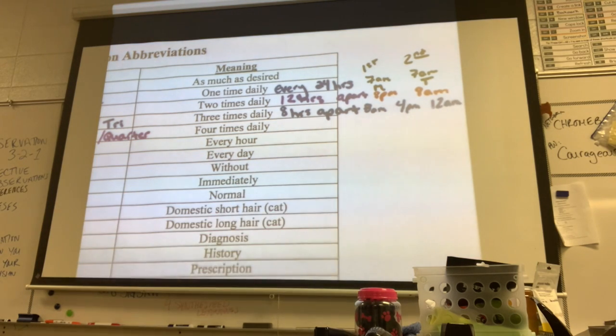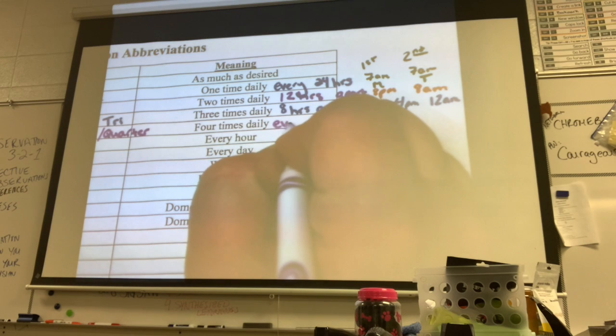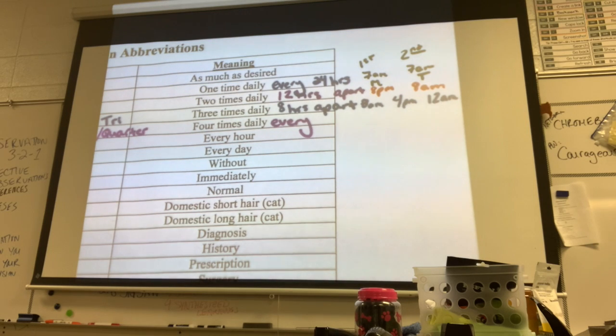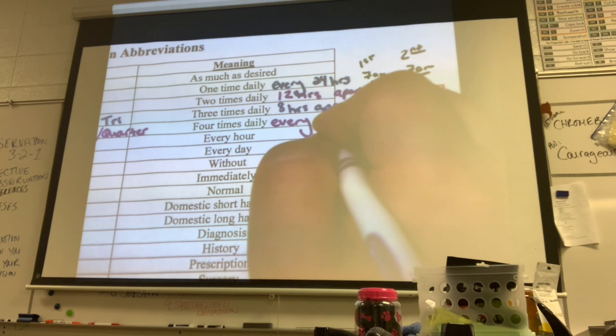All right. And then QID is going to be every how many hours? 24 divided by 4? Really? 6. So every 6 hours.